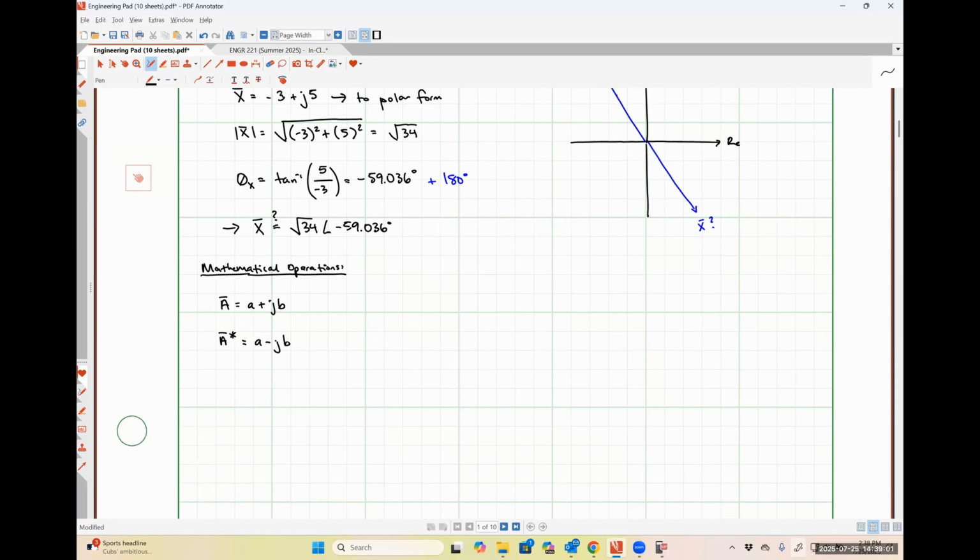So in rectangular form, the conjugate operation simply flips the sign on the imaginary part of our complex number.